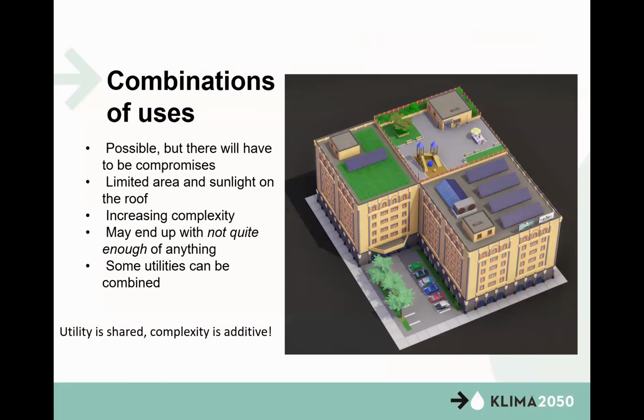And of course, you can combine uses as well. Put aside a little space for a small park and a small solar production facility and a small green roof and so on. But then you're making compromises because there's limited area on the roof and there's limited sunlight. And the complexity goes very high up.